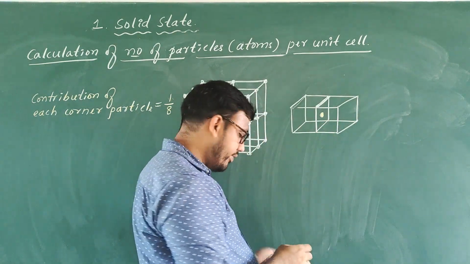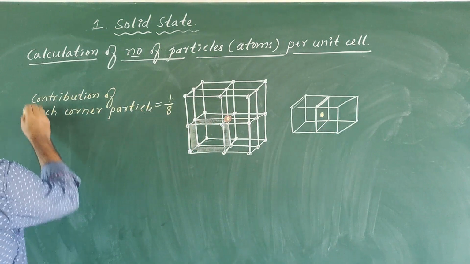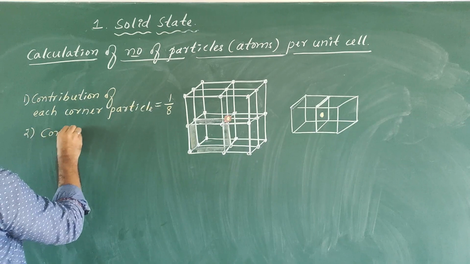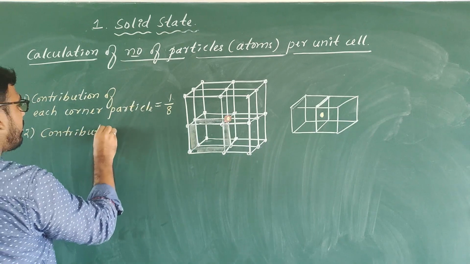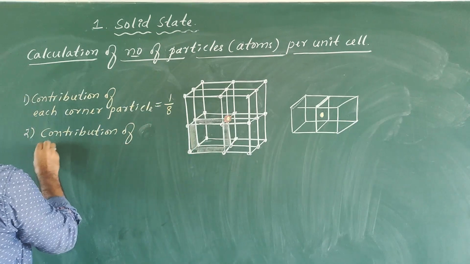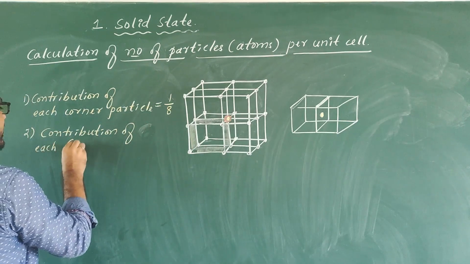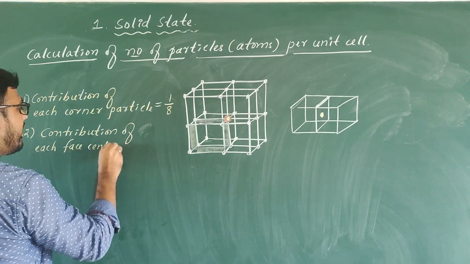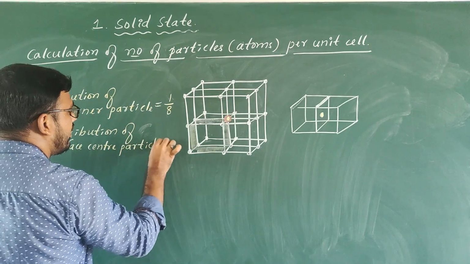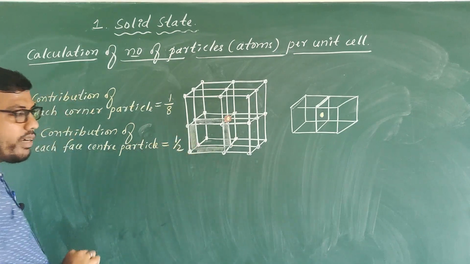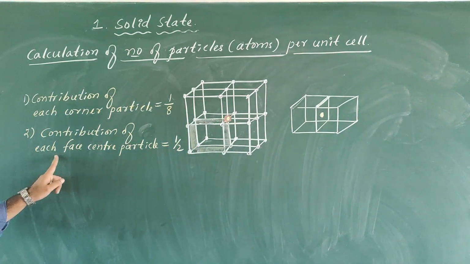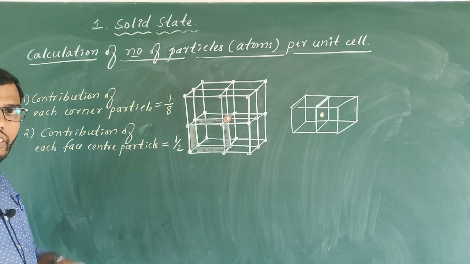So therefore, this is the first important one, and the second one: the contribution of each face center particle is equal to 1 divided by 2.